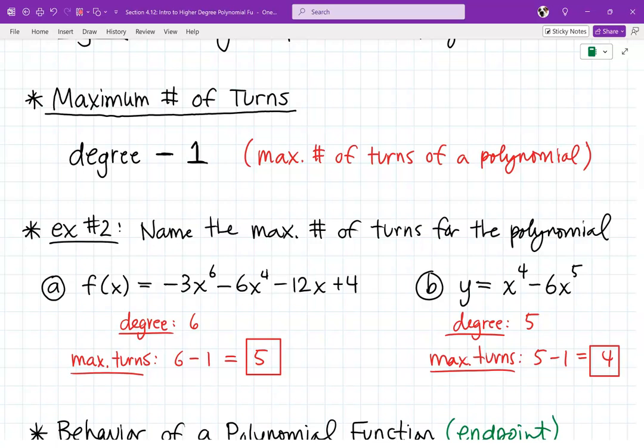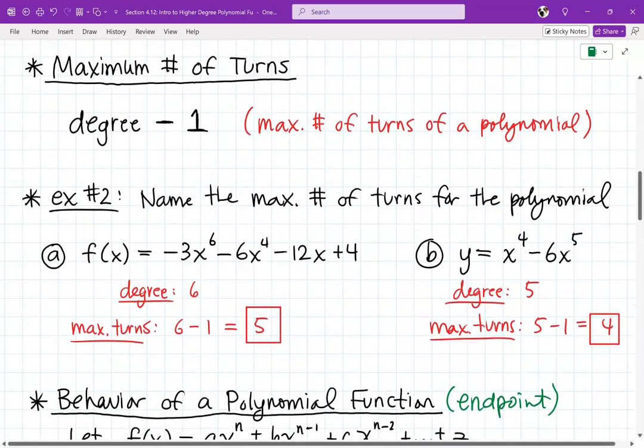So again, I think it's pretty simple. I just got to know my definitions. I got to know what it is that they're asking me so that I can do the work they want me to do. Okay? Now, the hardest part of this lesson is coming up. Okay? Still not difficult, but the definition is pretty complicated. Okay? But once you get it, it's not that big a deal.